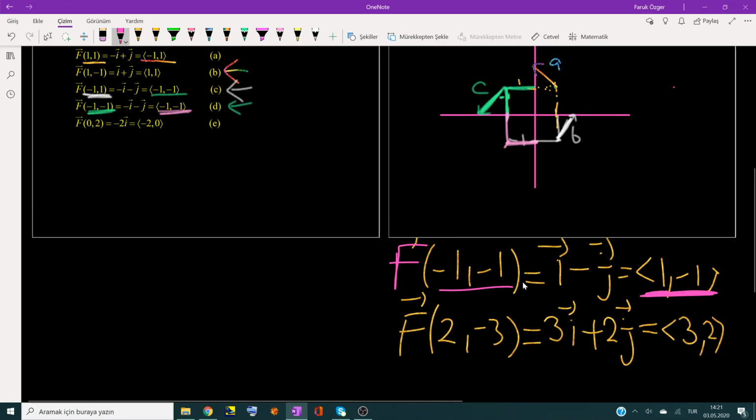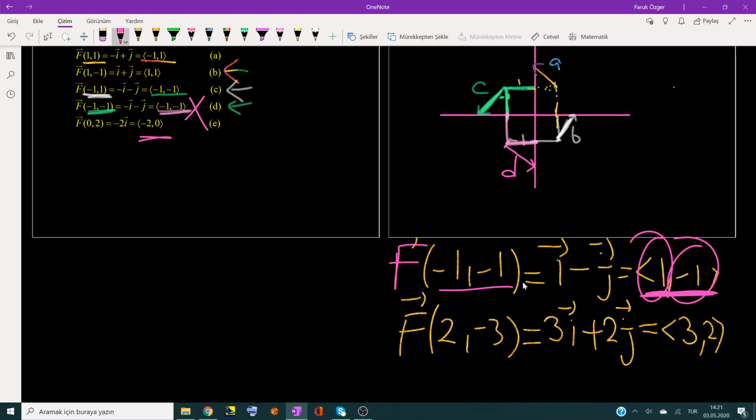So the vector D becomes 1 unit right, 1 unit down. Okay, this is D.